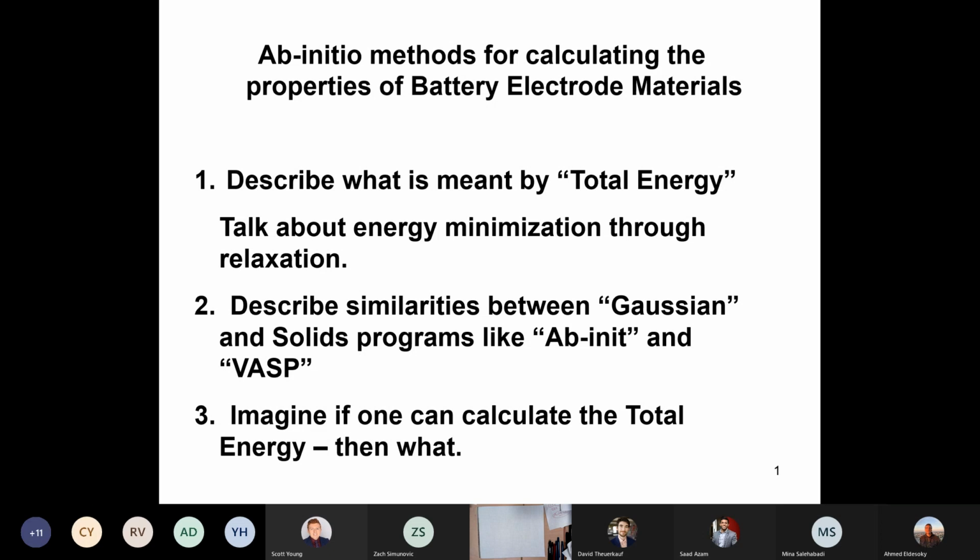And of course, with modern computation, one can calculate voltage versus composition curves for lithium battery materials. The details of this are beyond the scope of our class, but it is worth spending one lecture on it just to give you a flavor for how it's done, and to give you some examples through homework of how useful or not useful it can be.